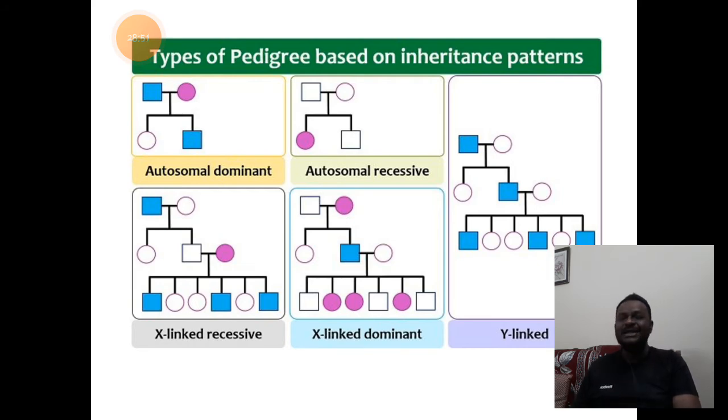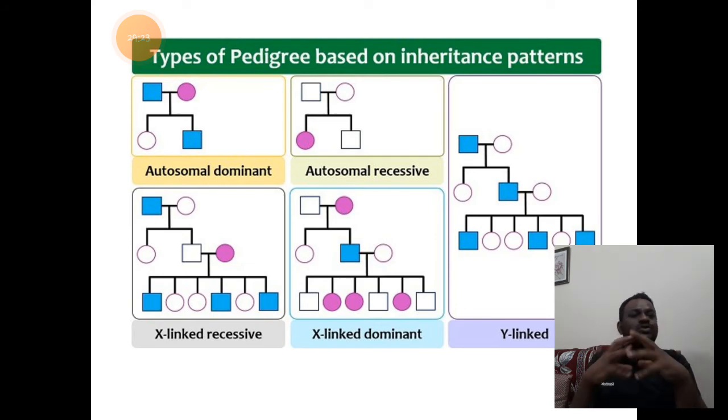I repeat, in X-linked recessive inheritance, where the affected gene is in recessive form present on X chromosome, we find males are affected more. Number 2, this inheritance pattern is very specific, which we call criss-cross inheritance. Students, now we shall understand what this criss-cross inheritance is.